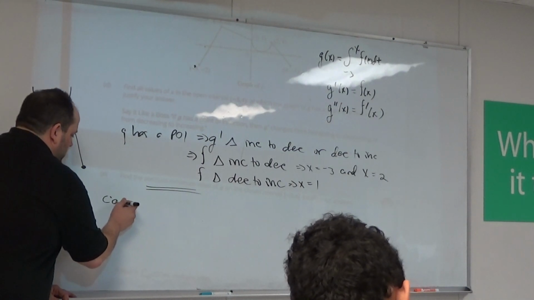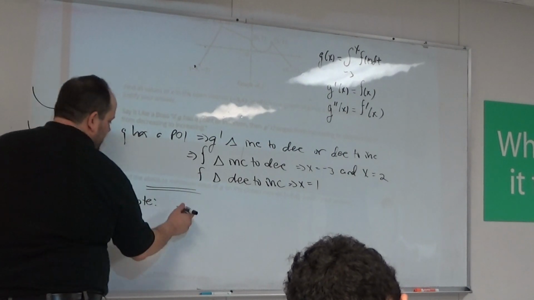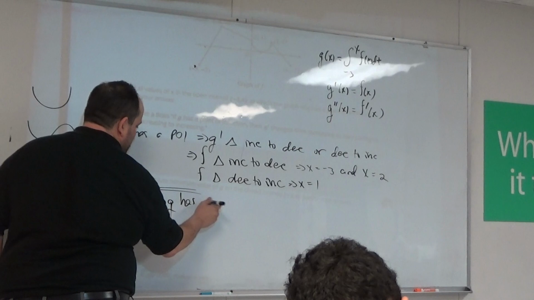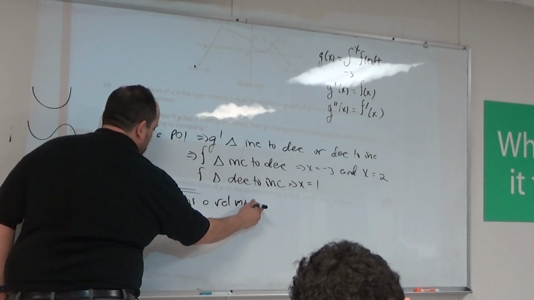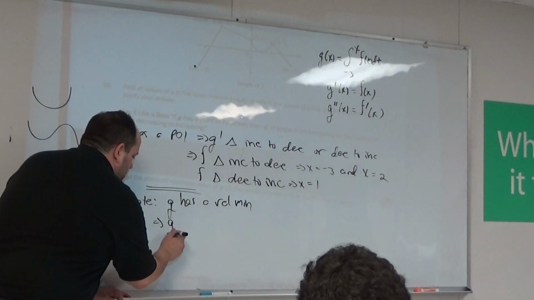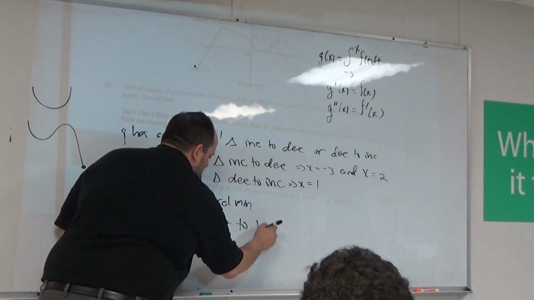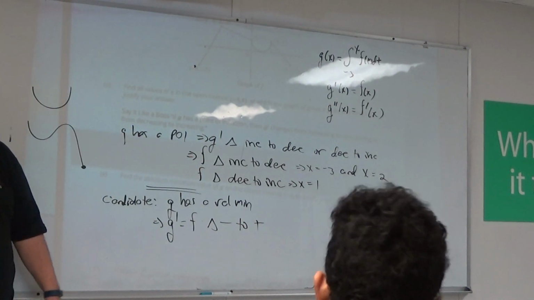So the first thing we would do is look for the candidate. The candidate is where G has a relative minimum. Well, where does G have a relative minimum? That means G prime, which we know to be F, changes from negative to positive.